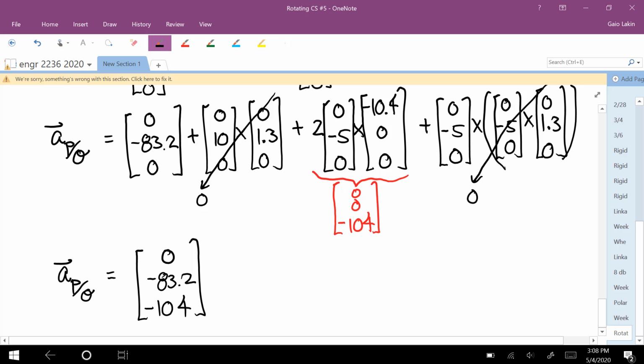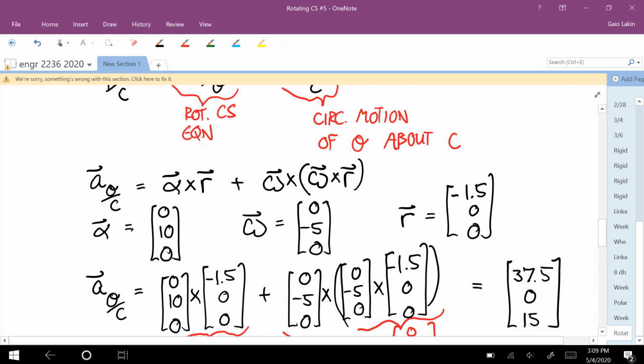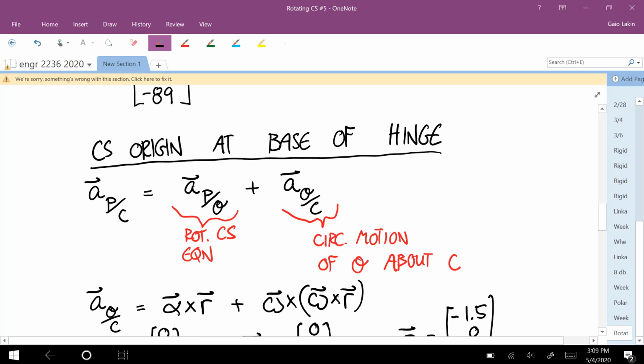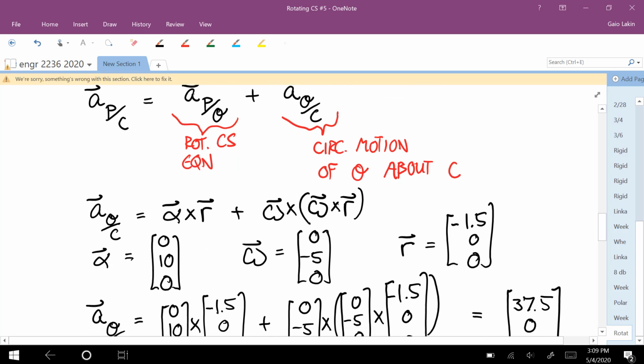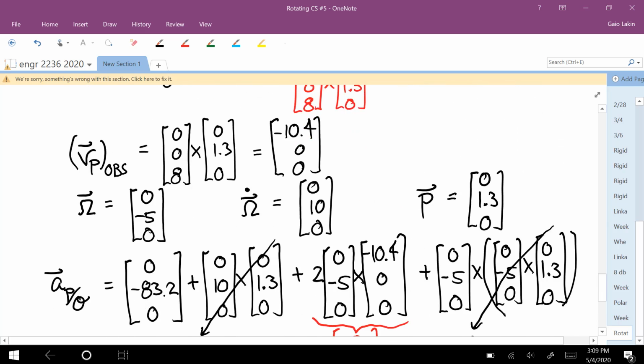But remember, we have to use relative motion for this one. So our final answer of the acceleration of p relative to the ground, or the way I have it written, p relative to the center of that disk, which is fixed to the ground, is equal to the acceleration of p relative to the origin plus the acceleration of the origin relative to the ground, which was the first thing we calculated, acceleration of the origin relative to C, is (37.5, 0, 15).